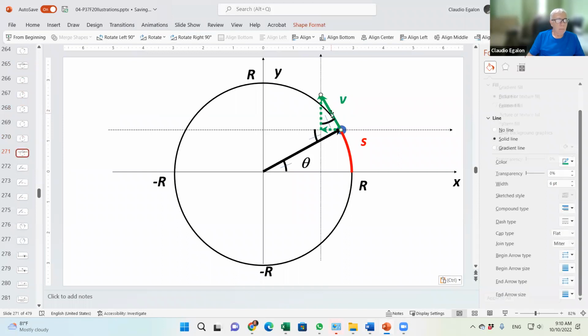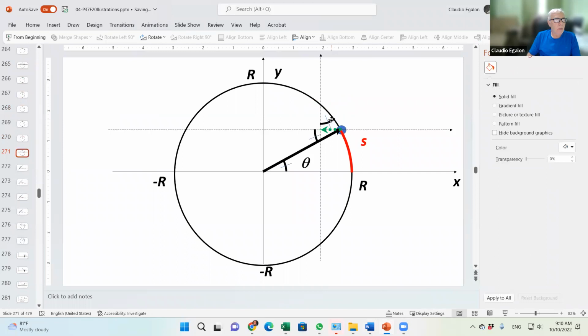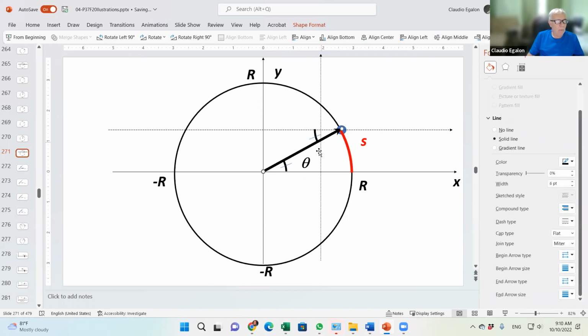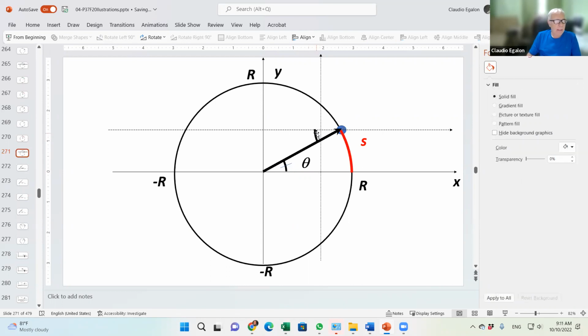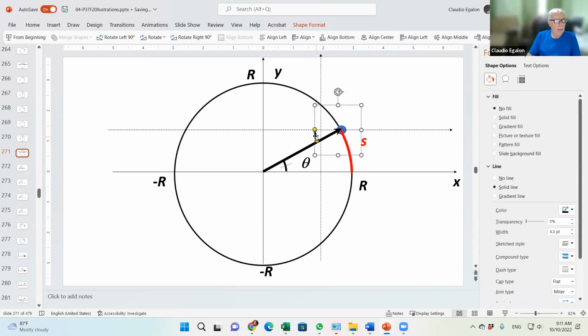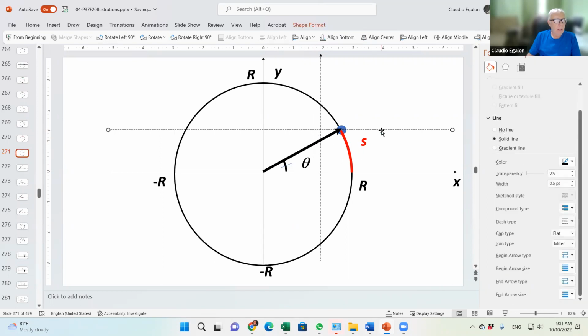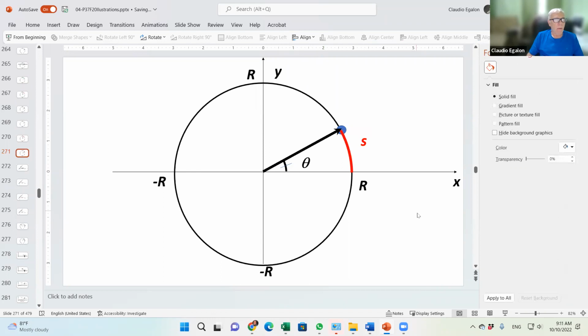Now I don't need that anymore. I'm also going to erase the position vector, because otherwise the drawing is going to become, oh, no. I've got to keep the position vector in there because we need the angle theta.